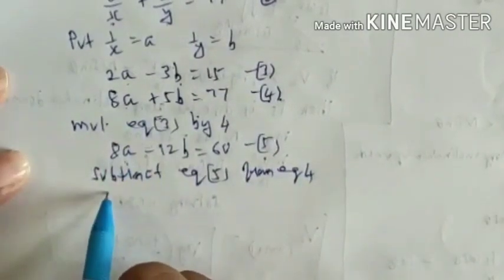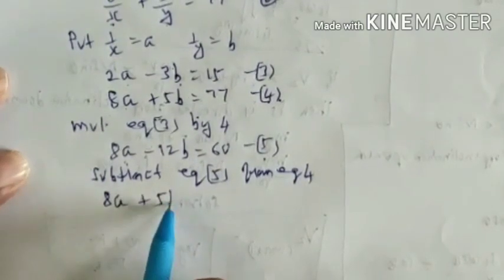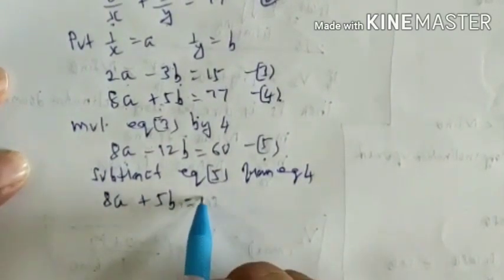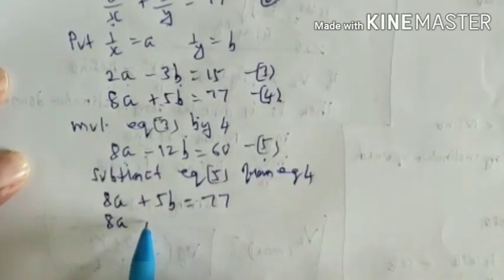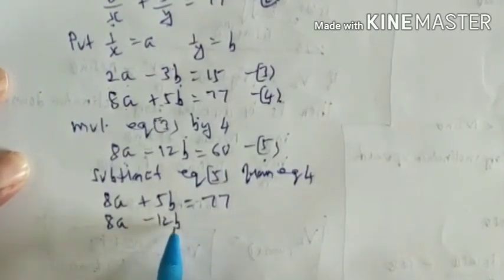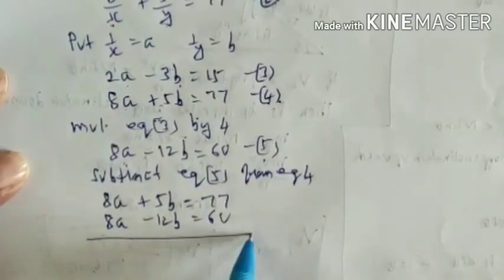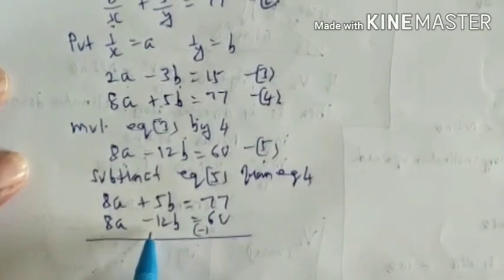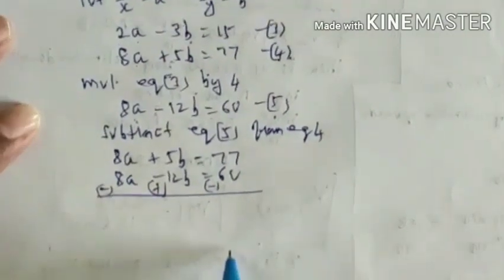What we get? 8a plus 5b is equal to 77. 8a minus 12b is equal to 60. Now subtract means you have to change the sign. Plus will become minus, minus will become plus, and again plus will become minus.